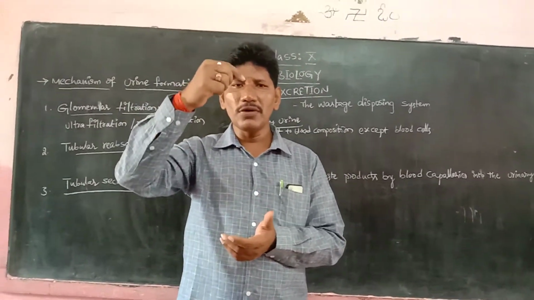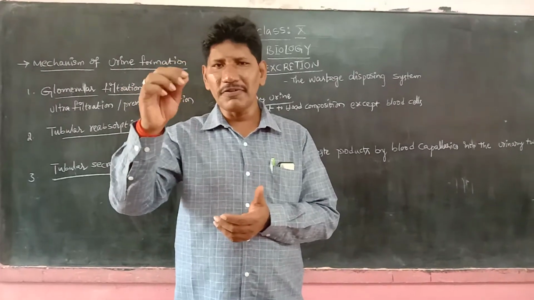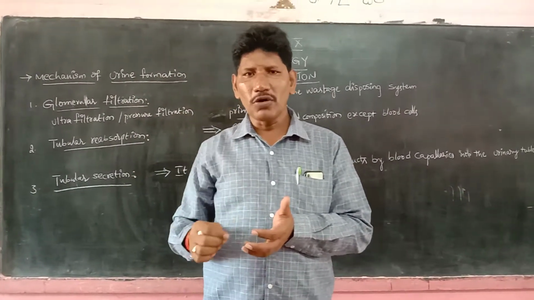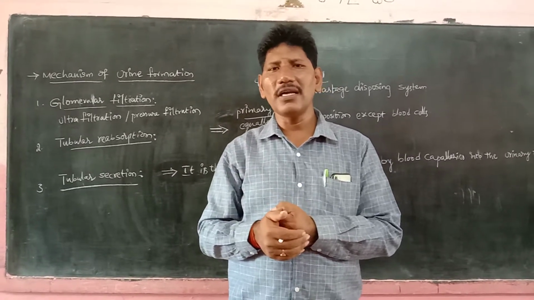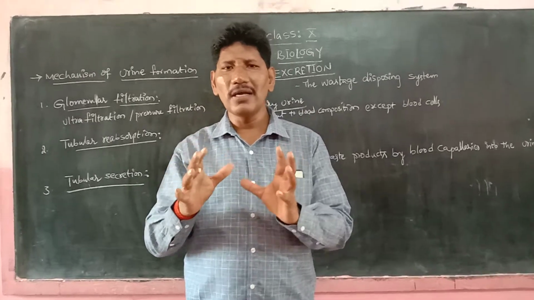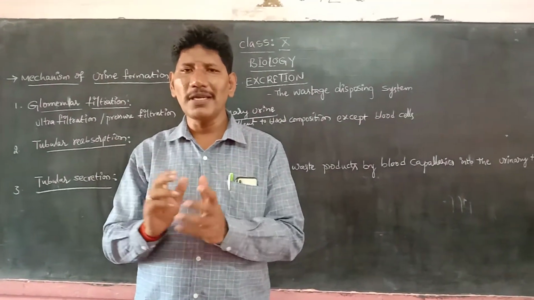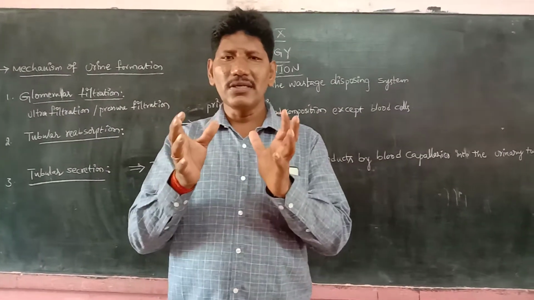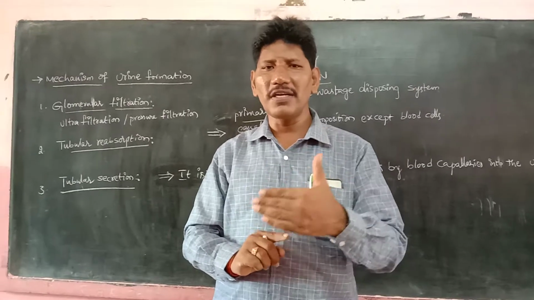Here one afferent arteriole enters and comes out through the efferent arteriole. The efferent arteriole is followed by the rest of the nephron, called the renal tubule, with the peritubular capillary network. Peri means around the renal tubule.